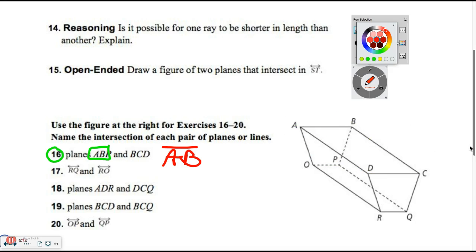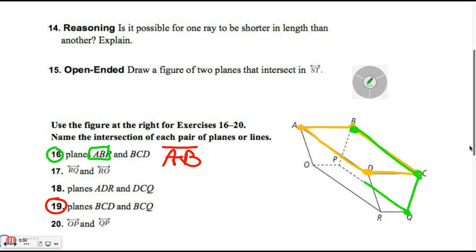And again, it helps to draw in the picture here with different colors. But let's take plane BCD. And I would like you, if you're watching this, you travel from B to C to D, and you'll be like, oh, I'm up on the ceiling with all of those points. And then go from B to C to Q, and you'll be like, oh, I'm on that back wall back there.